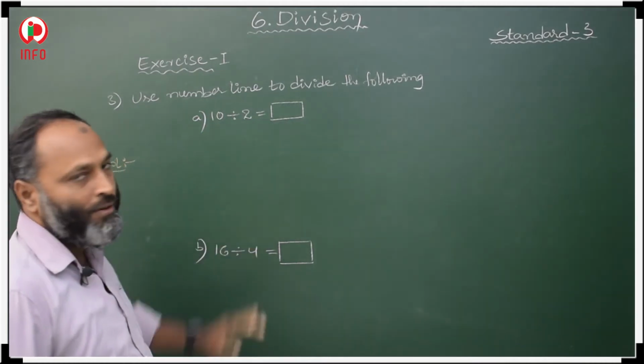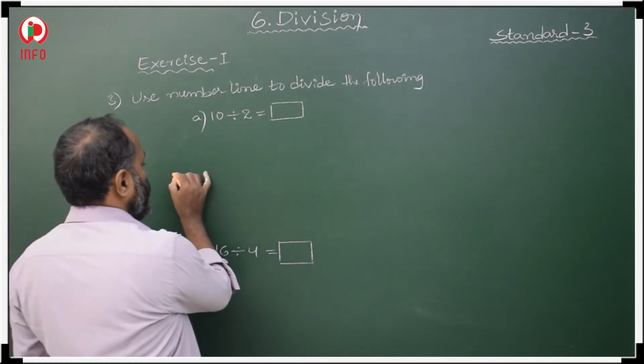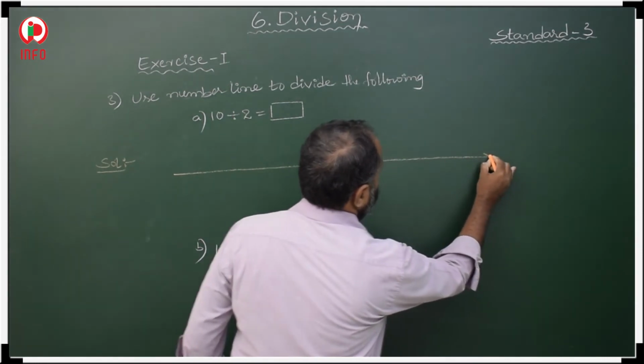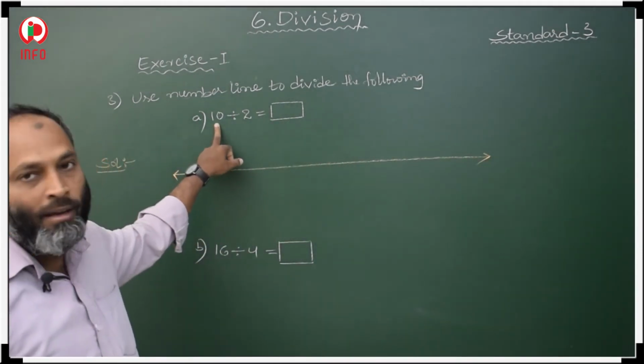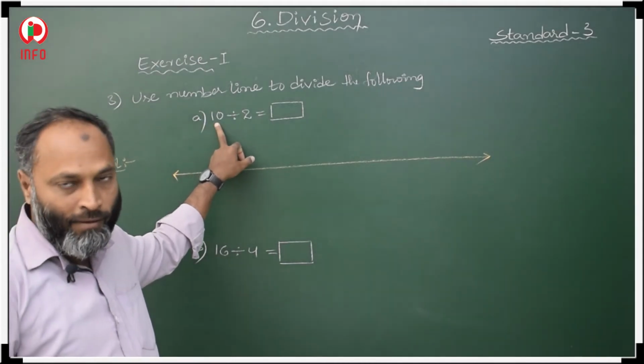Here first we have to draw a number line. So this is our number line. What is the number given as a divisor? 10.